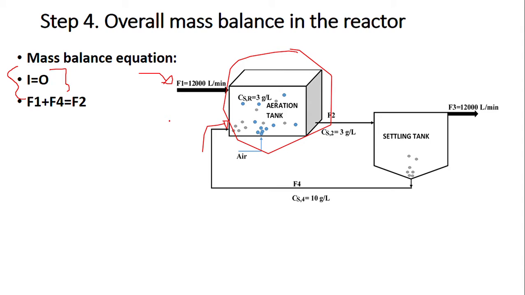Both streams are introduced into the aeration tank. Therefore, F1 plus F4 represent the total entrance of mass to the aeration tank. F2 is the single stream withdrawn from the aeration tank. This flow is placed here.